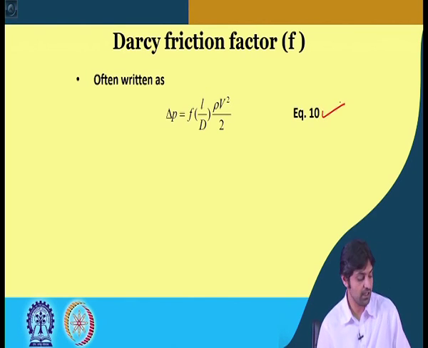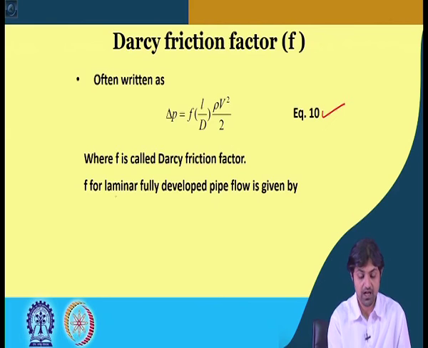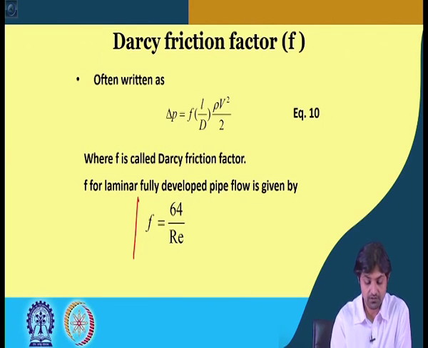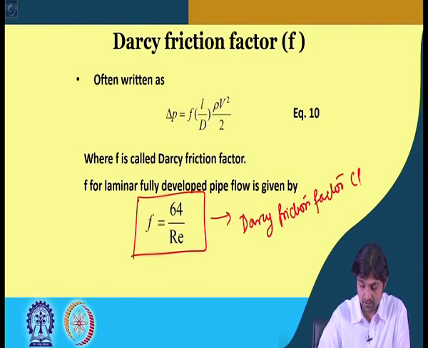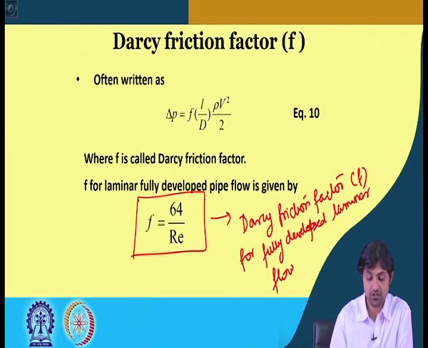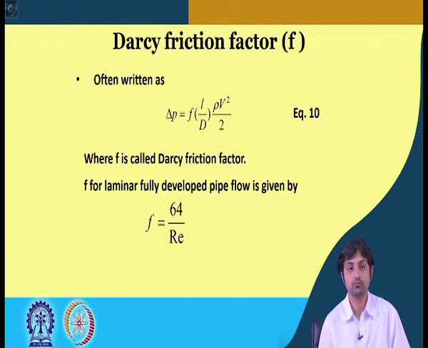With this equation number 10 analogy, we say that Darcy friction factor F for laminar fully developed pipe flow is given by 64 by Re, and this is Darcy friction factor F for fully developed laminar flow, and you must remember this. All right. This is equation number 11.